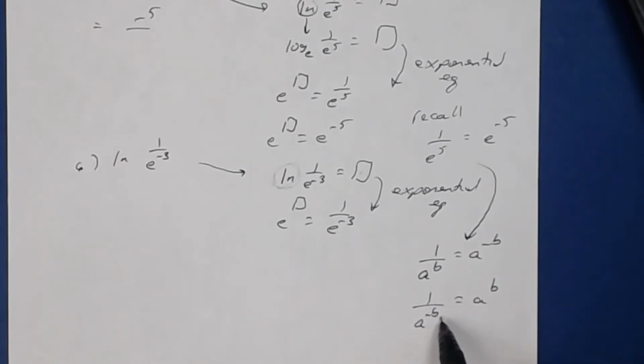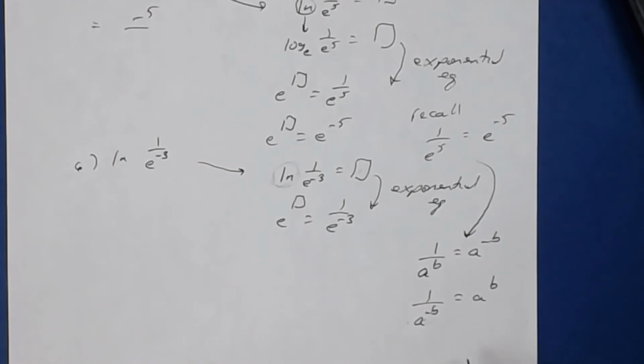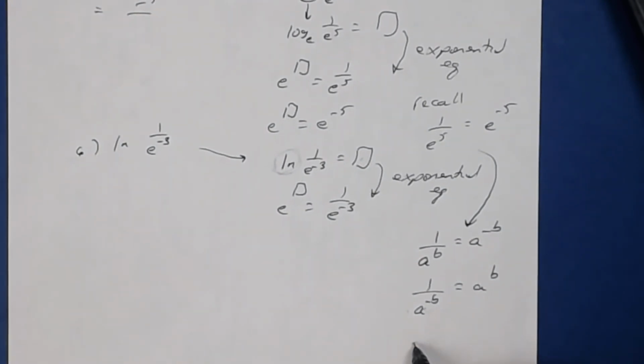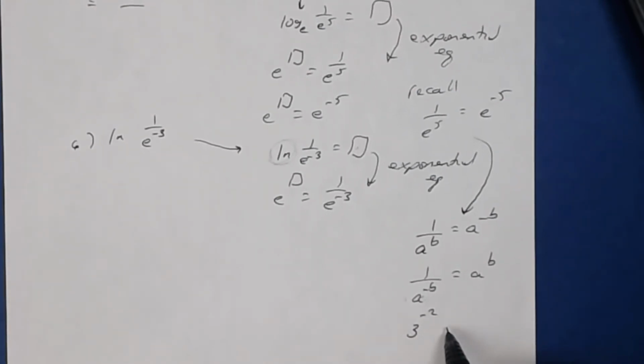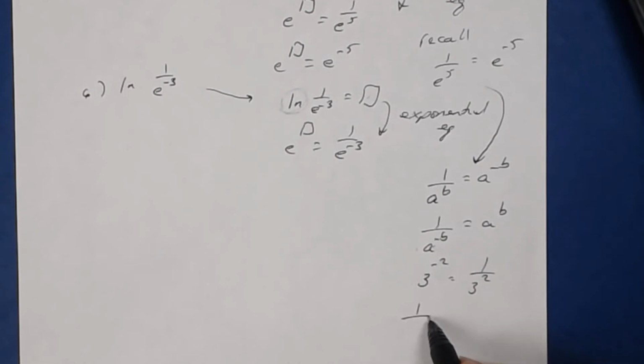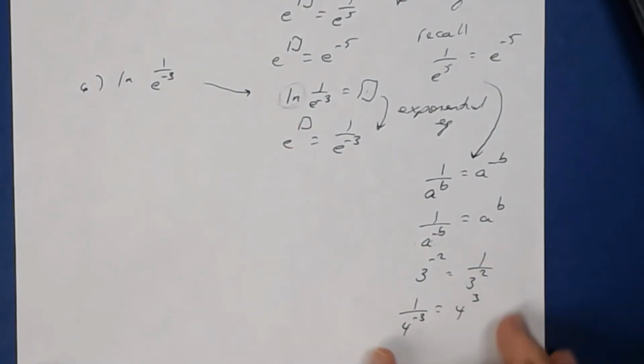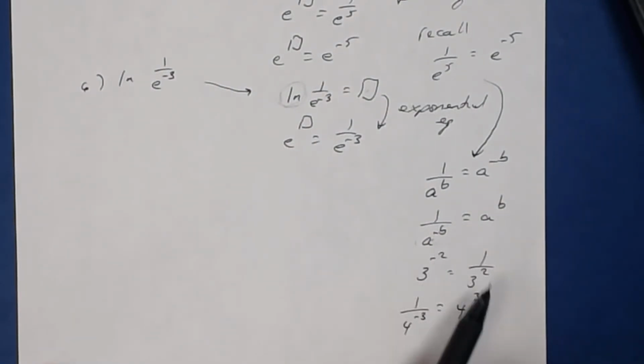So if the exponent was negative in the denominator and you move it to the numerator, the sign changes. Just remember, if I have 3 to the negative 2nd power, then that means 1 over 3 squared. So when I bring this to the denominator, the sign of the exponent changes. And if I have 1 over 4 to the negative 3rd, then that is the same thing as 4 to the 3rd. Okay? So these are all things from previous courses in terms of negative exponents.